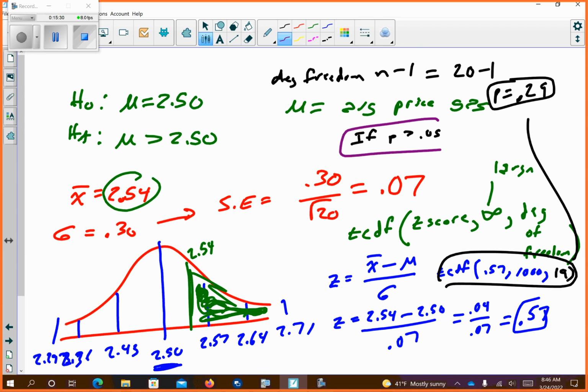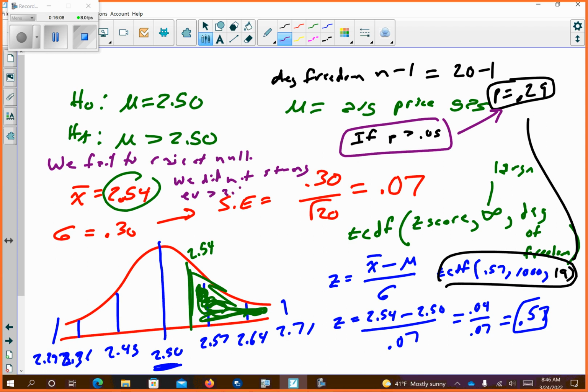So this says we failed to reject the null. We did not find strong evidence that the average price of gas is greater than $2.50.